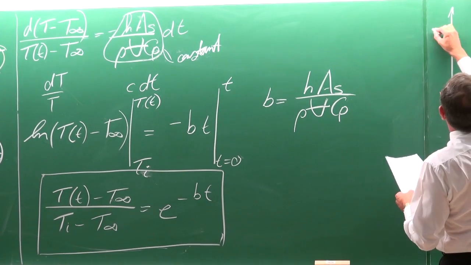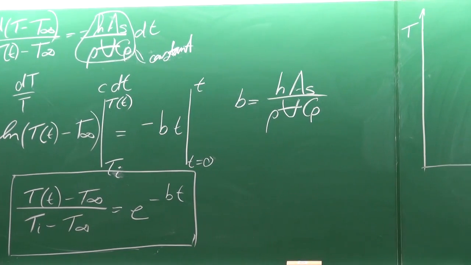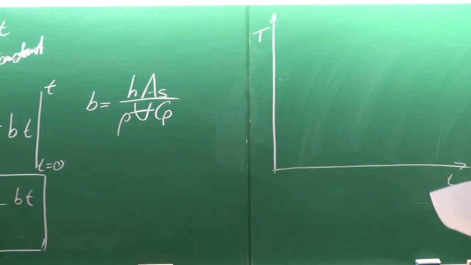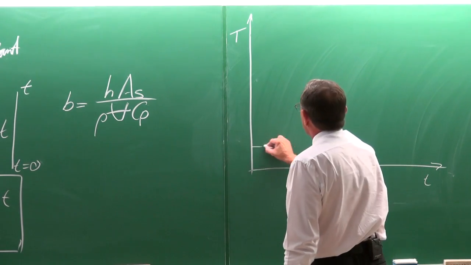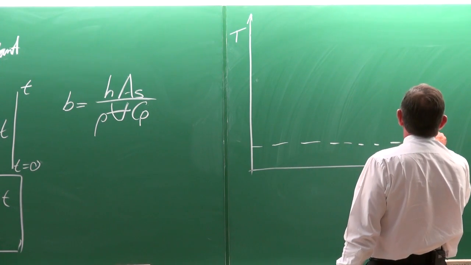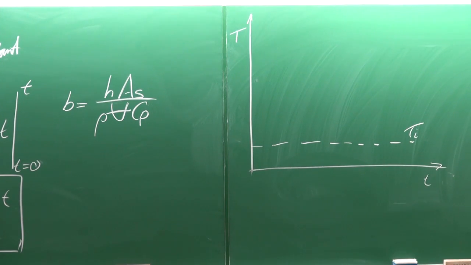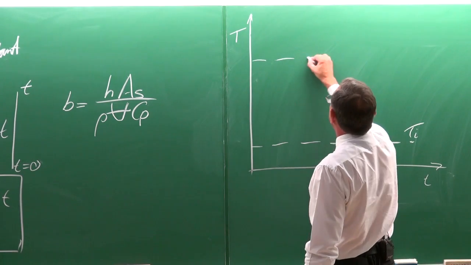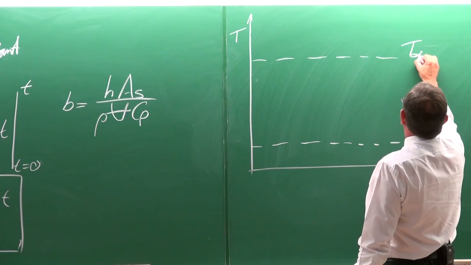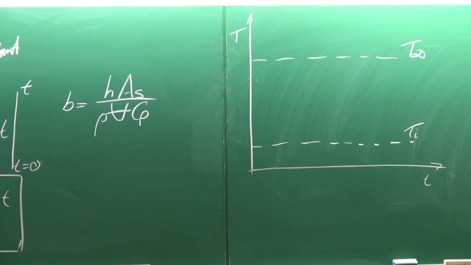if we now look at the solution of temperature as a function of time, and if that is equal to Ti, the initial temperature, and if that is equal to T infinite, then everything should happen between those two temperatures. You agree? Okay.